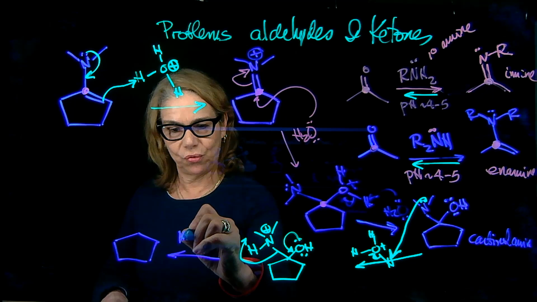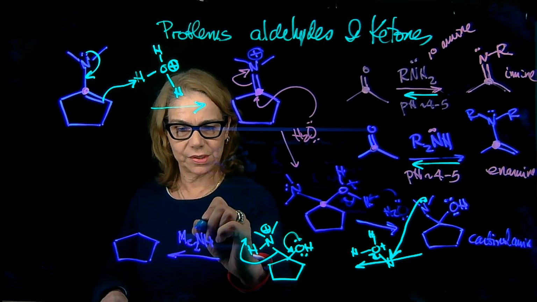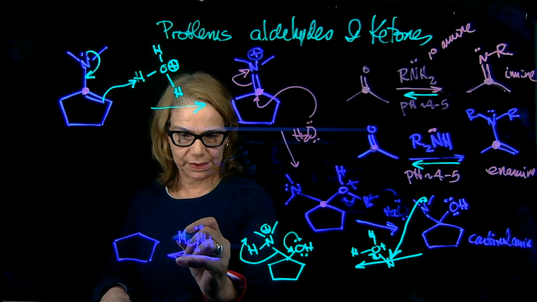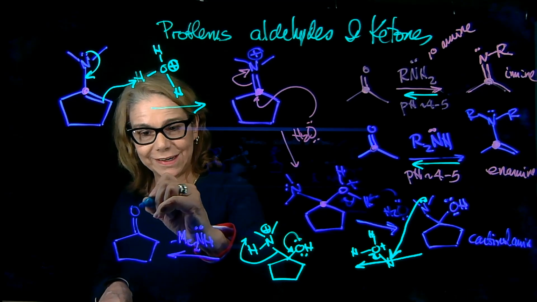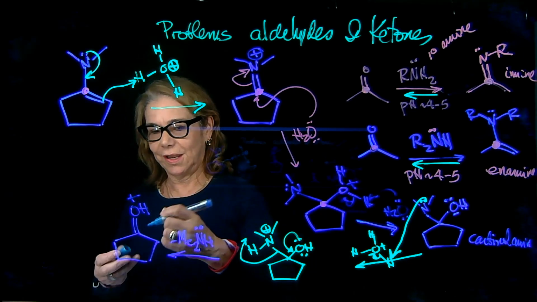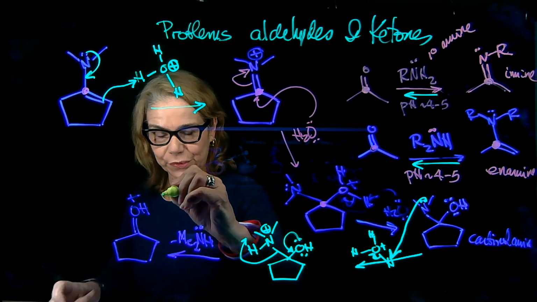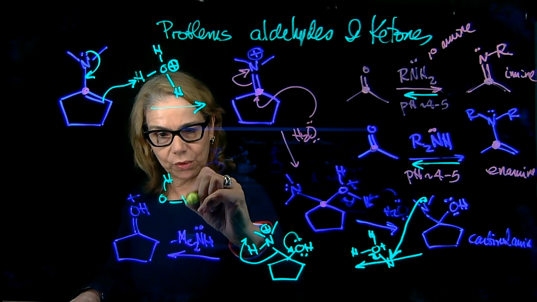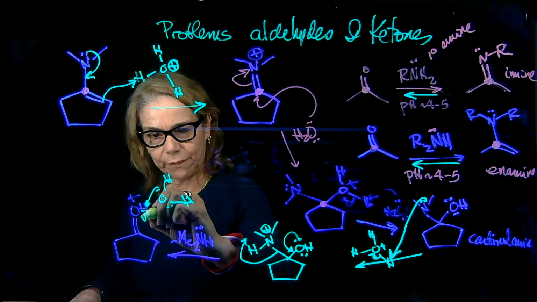So I'm going to do methyl 2 times NH. So that is my amine that is leaving. And I have protonated cyclopentanone. So the last step is simply deprotonating that. So I'm going to have, say, water doing the proton transfer.